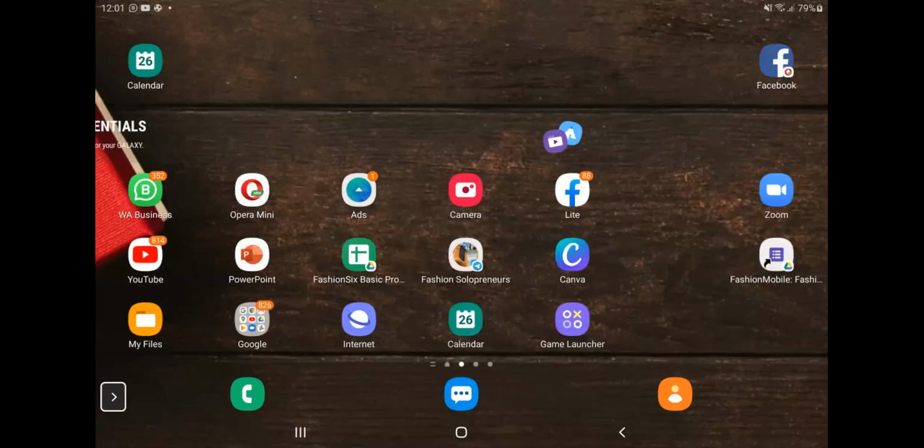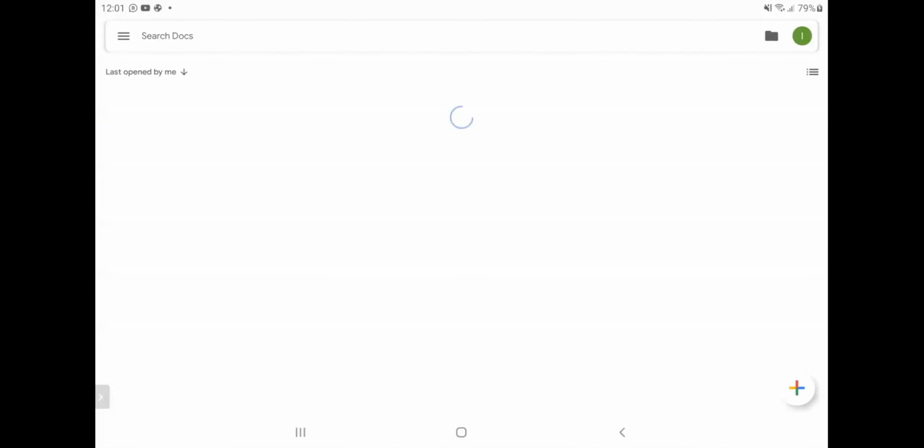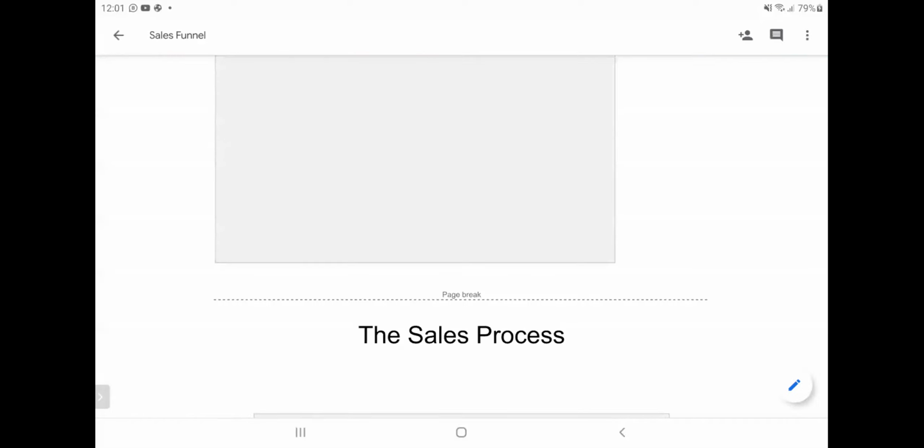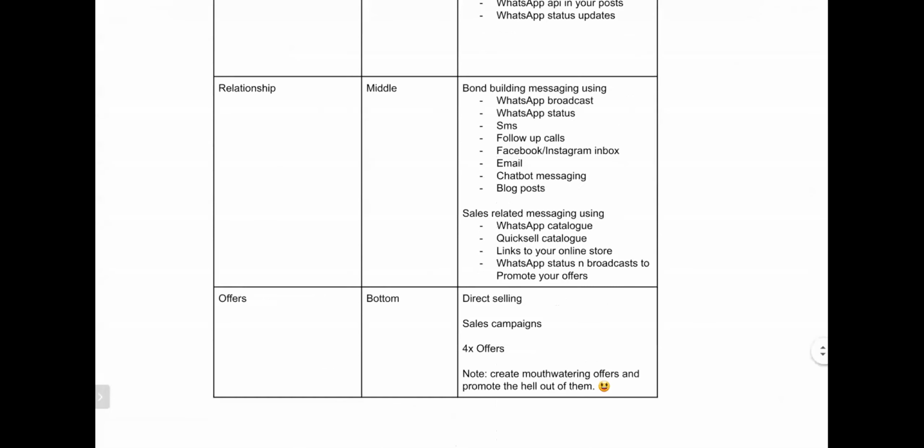And for that, I am pointing directly at this part, the bottom of your sales funnel, which is the offers part.